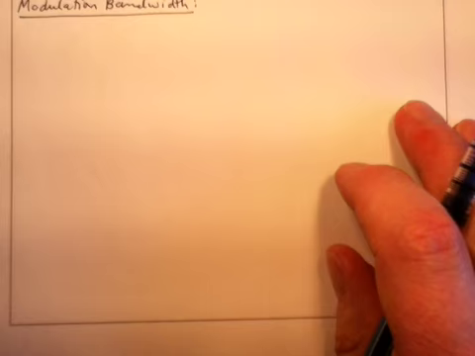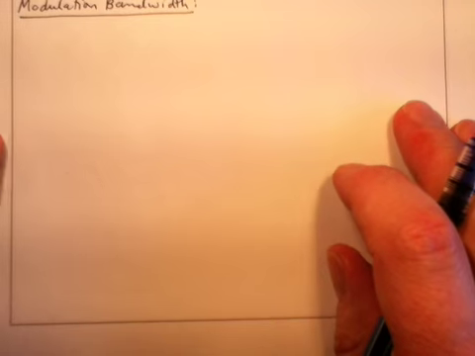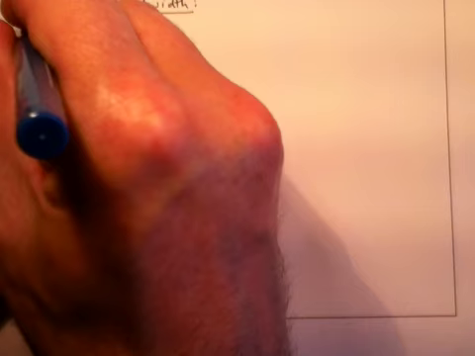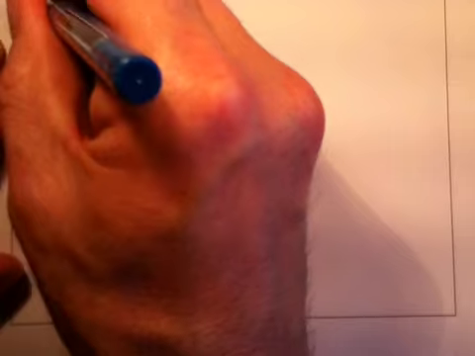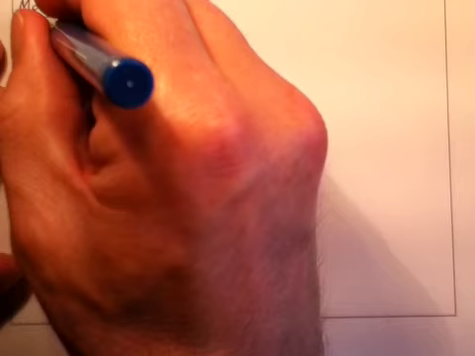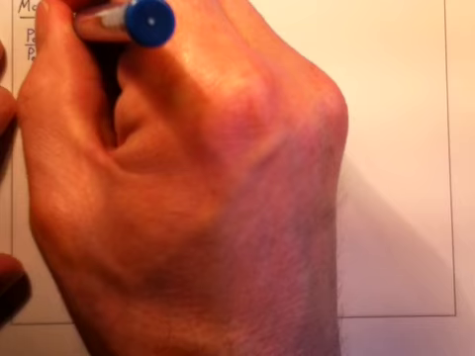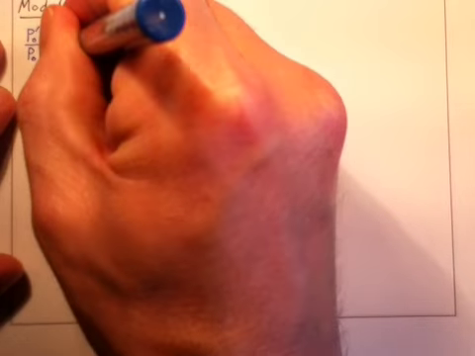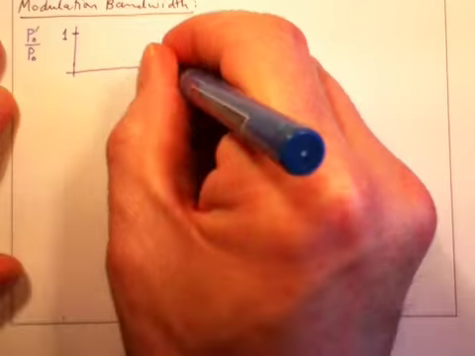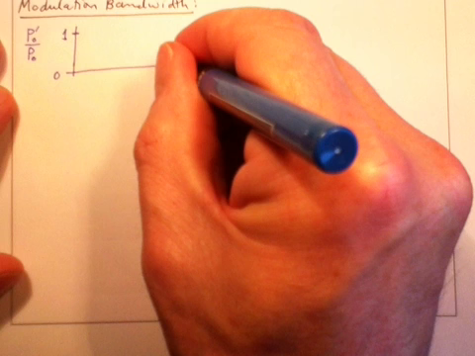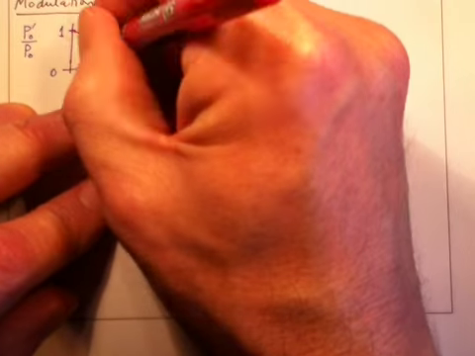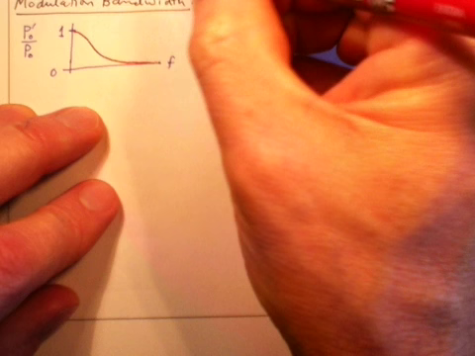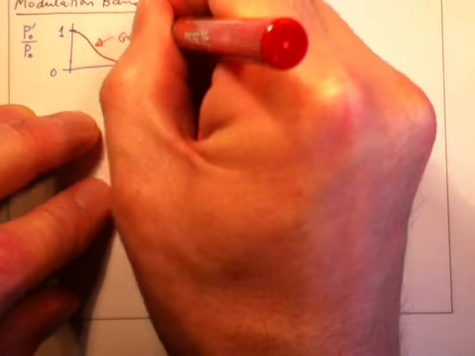What I'll do is show you how this equation looks. It is a Gaussian, and if I plot P naught prime over P naught, it's going to start at 1, and it's going to go down to 0 as a function of f, and so at very high frequencies I get 0 response out of the system. And so this is a Gaussian curve here.